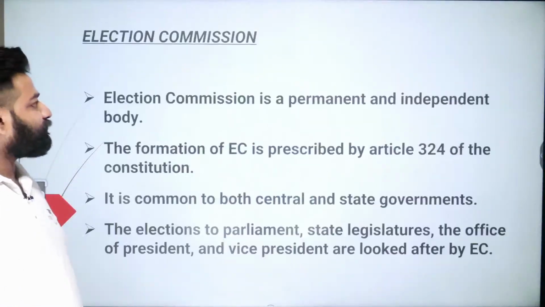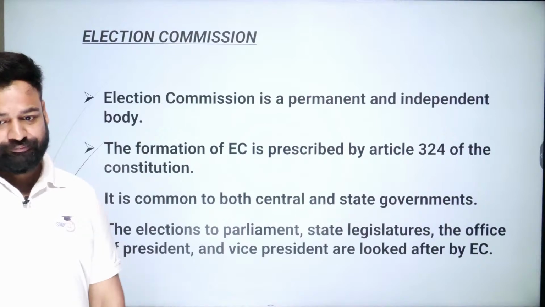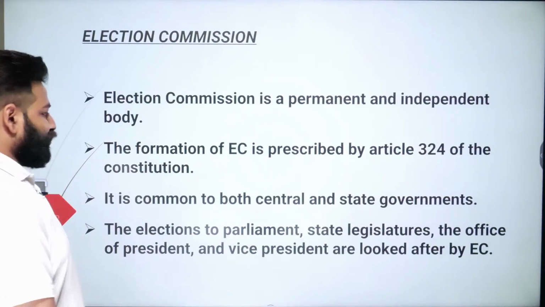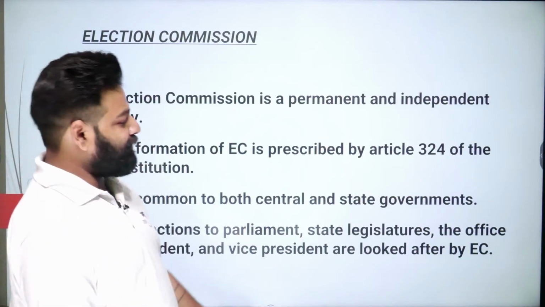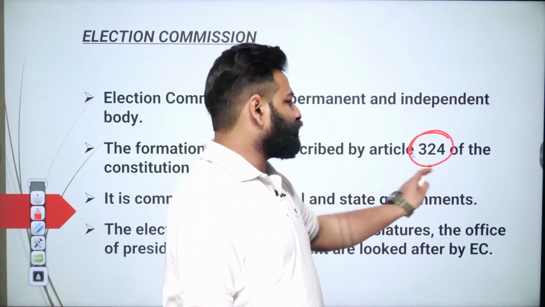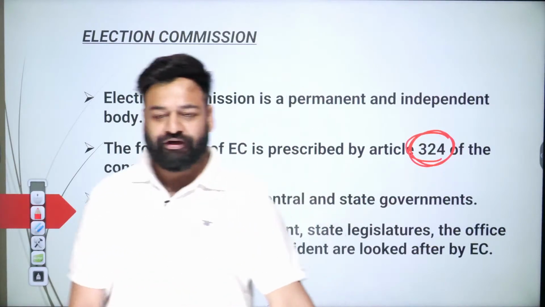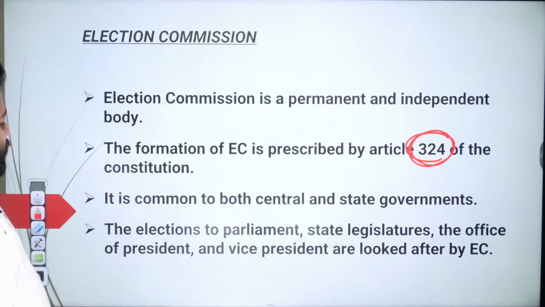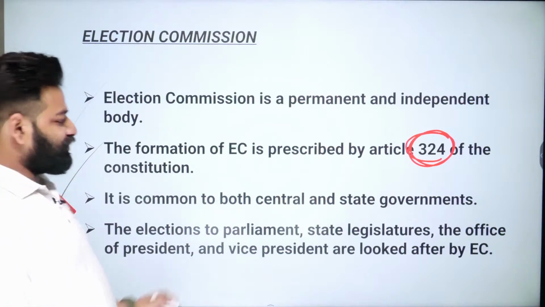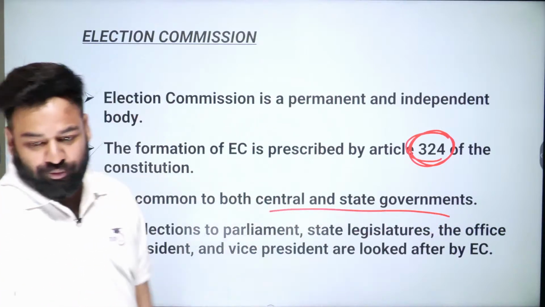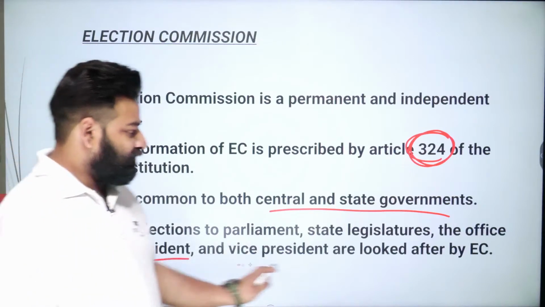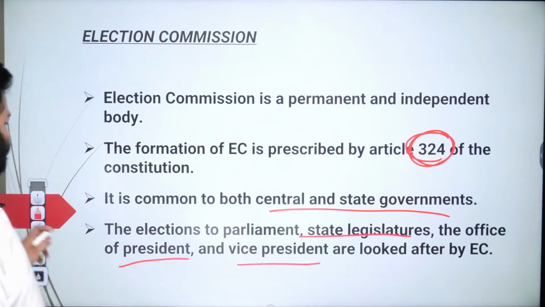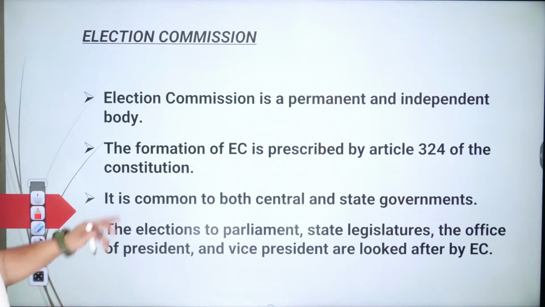Next, the Election Commission of India. Now we are talking about the Election Commission of India, as I stated, Article 324. It conducts elections for the central and state governments, along with the offices of President, Vice President, and state legislatures, and so on, right?